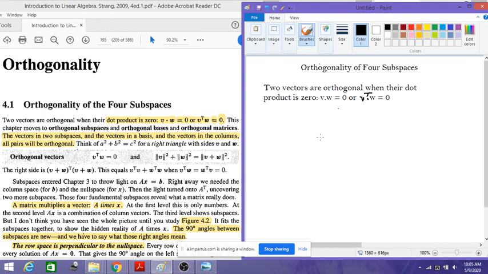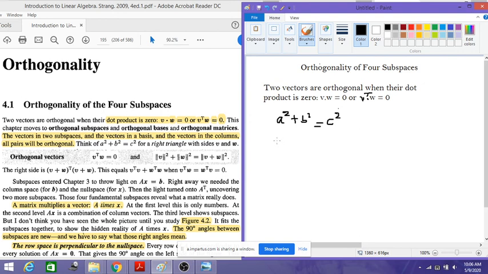We can also visualize this with the help of a right angle triangle and the Pythagoras theorem. The Pythagoras theorem says that a square plus b square is equal to c square, and this forms the right angle here.